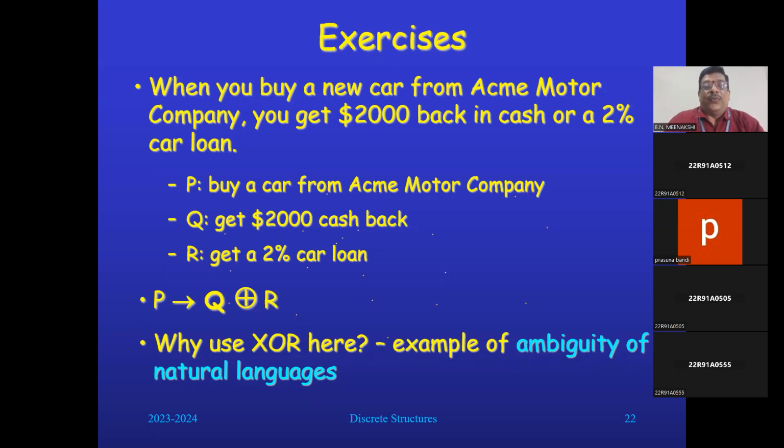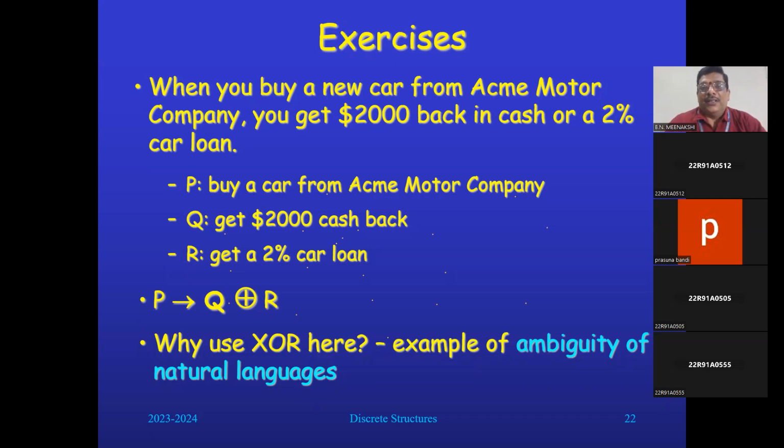Then when you buy a new car means P implies. P implies you get $2,000 back in cash. So $2,000 means Q is a proposition which describes get $2,000 cash back. Then R is a proposition which represents the 2% car loan.